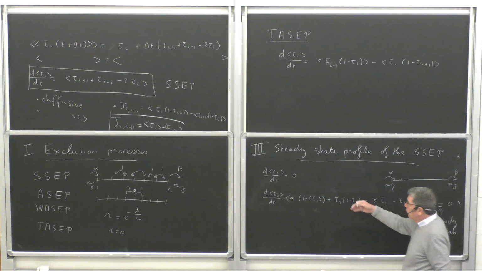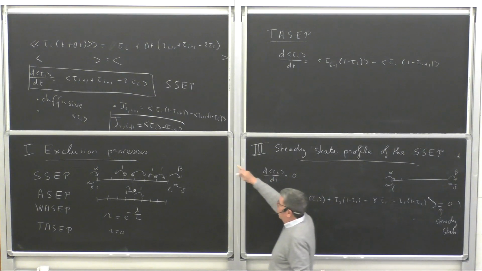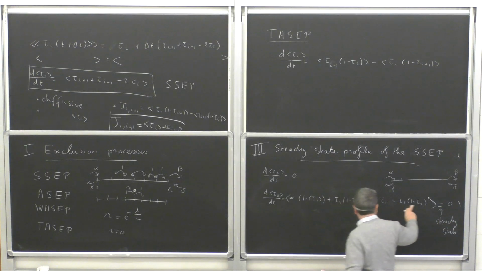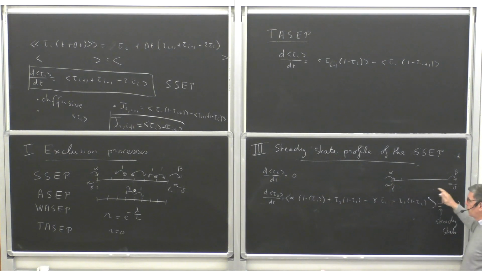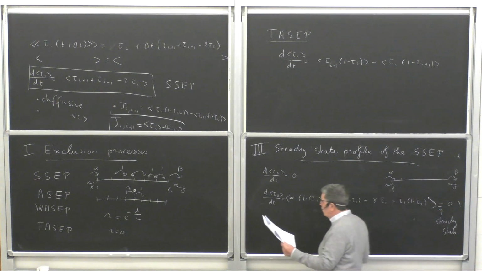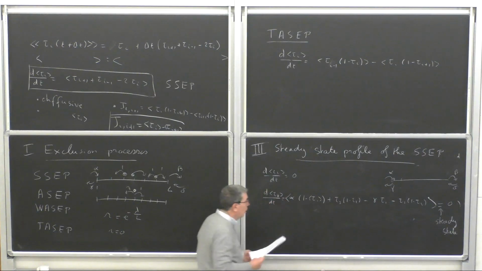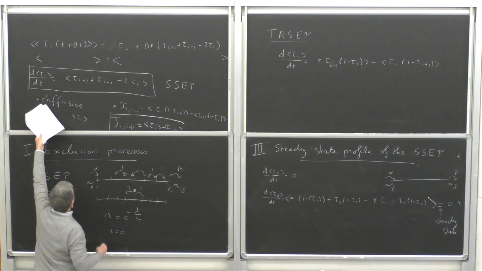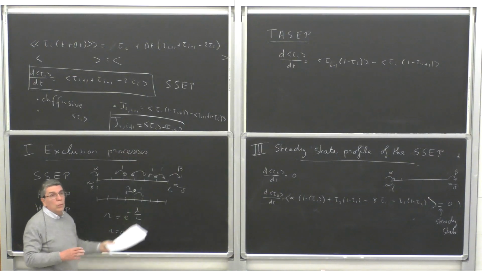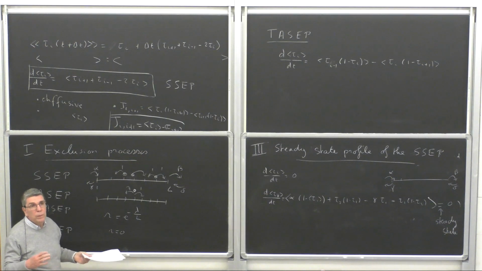And so I have a system of linear equations, and I have something special on the first site and on the last site. I can solve the problem and I get, okay, I write the answer. This is just a linear problem. You see, already, in the steady state you know that τ_i can at most be linear in i.